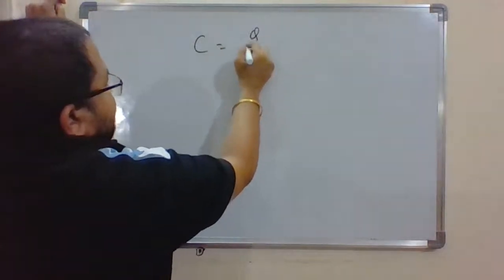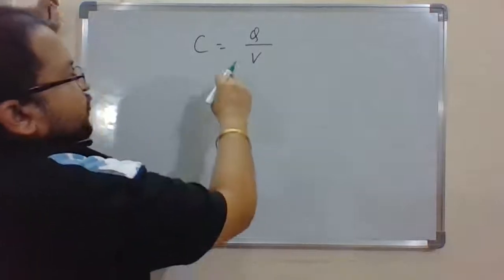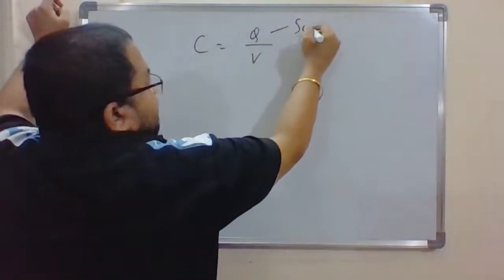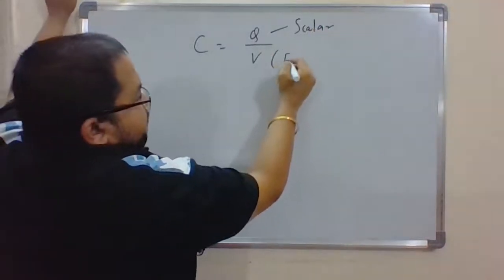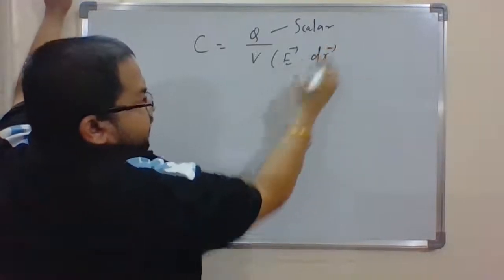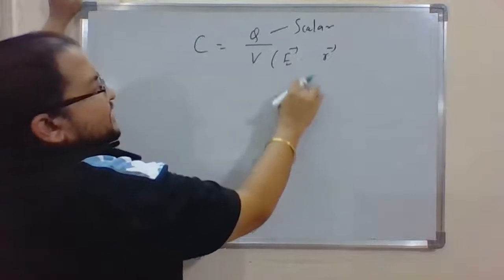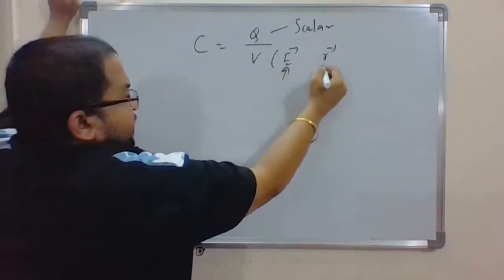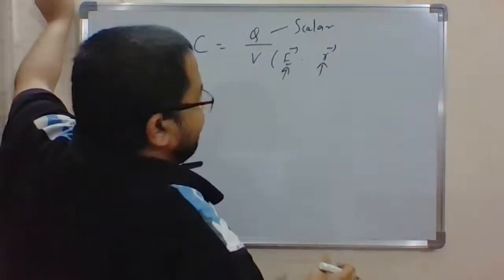Capacitance, we are saying, is charge Q by V. We know charge Q is a scalar, and V is nothing but E dot dl. Or just for understanding sake, I can say E dot r, where E is the electric field and r is the displacement.